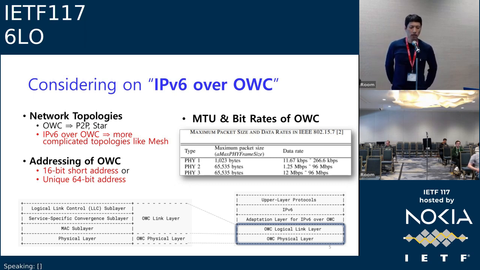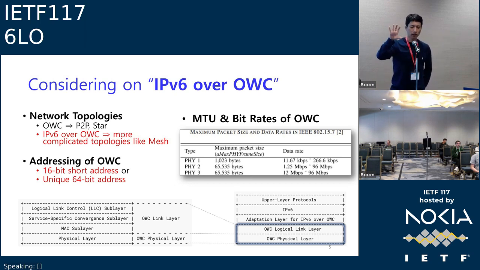The other one is addressing. OWC normally uses the 64-bit address, but for the link between the two devices, they also use the 16-bit short address. And for the MTU, OWC has three physical layers.